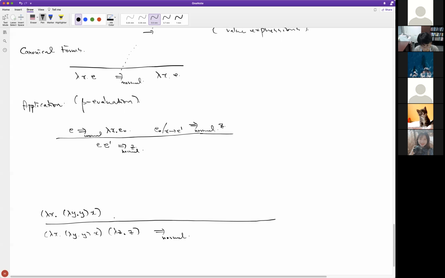This is a canonical form, although it's not a beta normal form because the body has a beta radix, but it's a canonical form because it's a lambda expression. So if you evaluate this with normal order, it will return exactly the same expression.